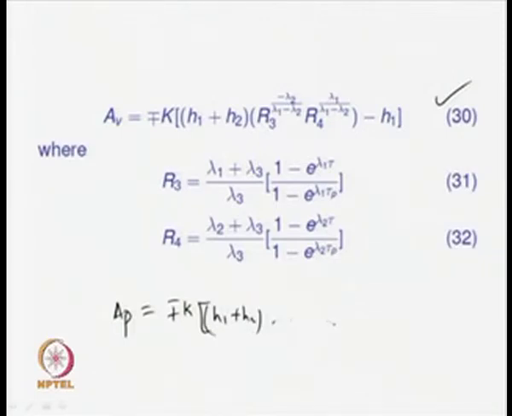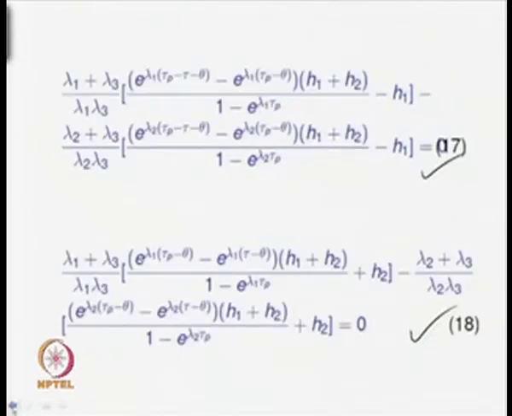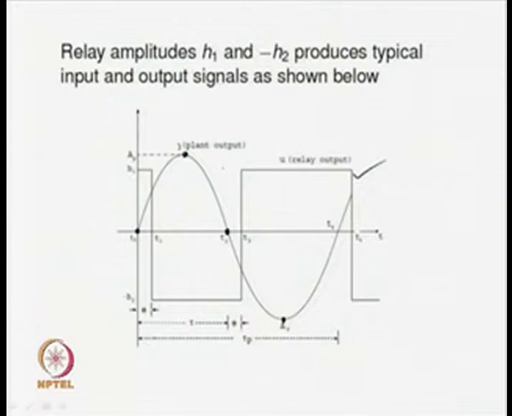So, basically what we have done so far is, using some critical points of the output waveform, we have been able to derive 4 analytical expressions corresponding to the peak amplitude AP, the negative peak AV, and the first zero crossing occurring at time t0.